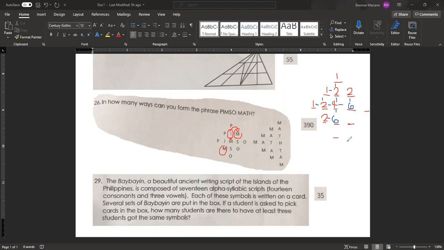So we are now on the letter O's. Wait, what happened here? So it means that this must be 12.